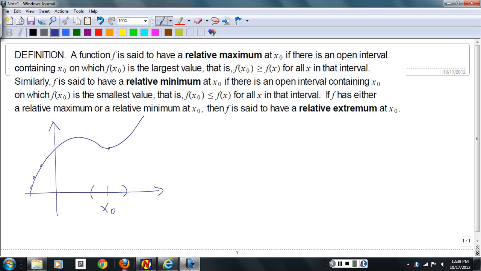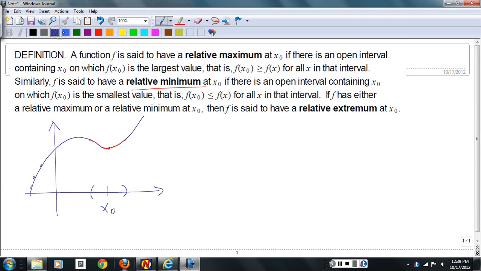But if there exists an open interval, and open basically means we have to look on both sides of it, an open interval containing x sub 0 such that if we restrict the function to that particular open interval, then f of x sub 0 is less than or equal to any other function value on that interval, so it's a relative minimum. Relative minimum is the picture that I have here.